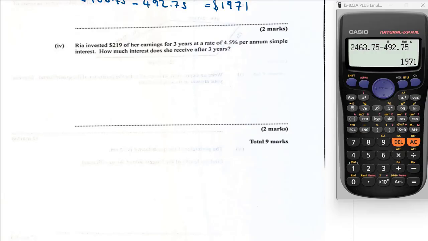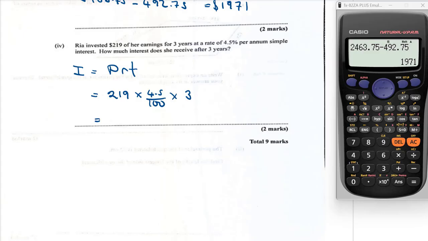The formula for finding simple interest is PRT, where P is the principal amount you invest, R is the rate, and T is the time in years. So in this case, we have $219 invested, and the rate is 4.5. So I'm going to say 4.5 over 100 times how many years? 3 years. Notice the question is asking for the interest.